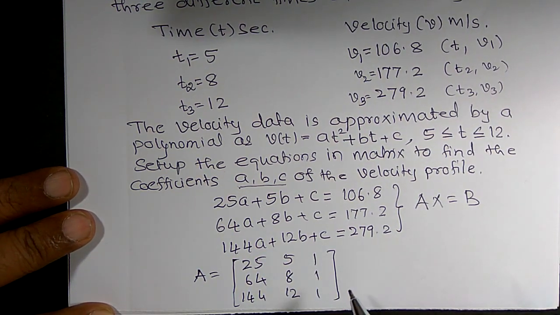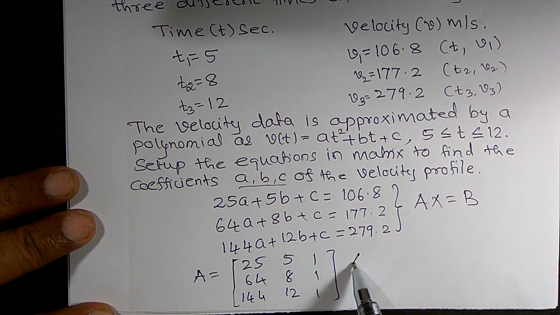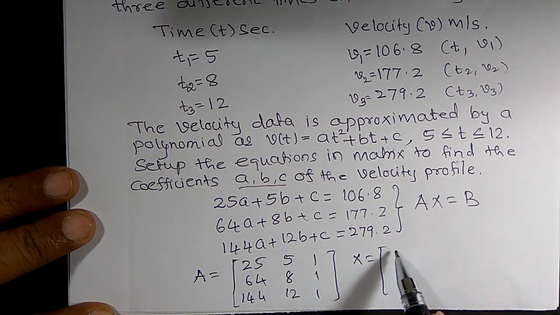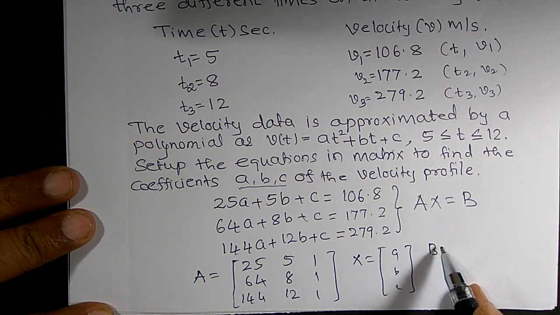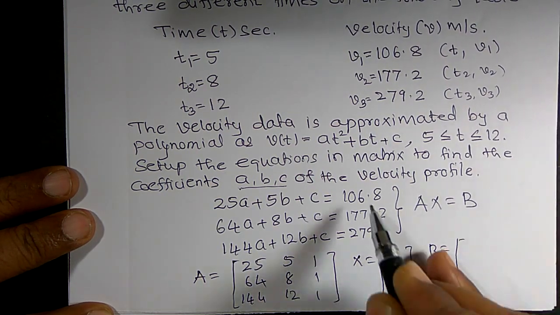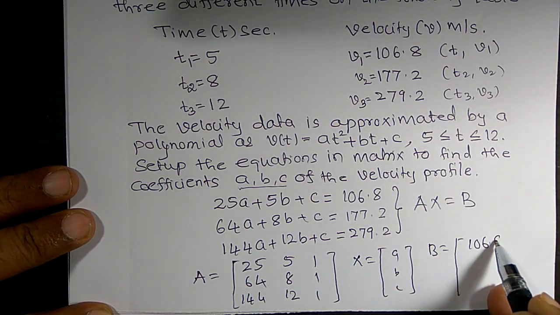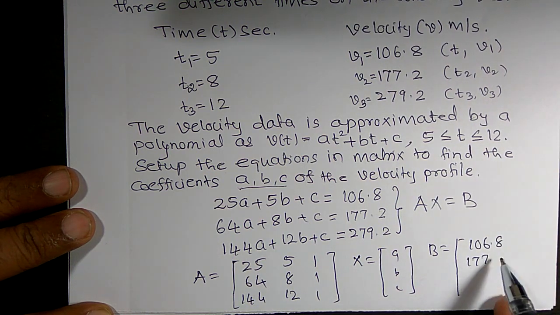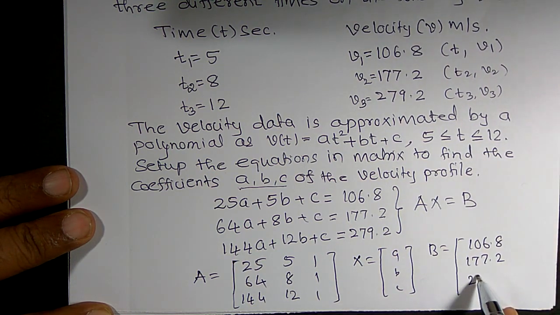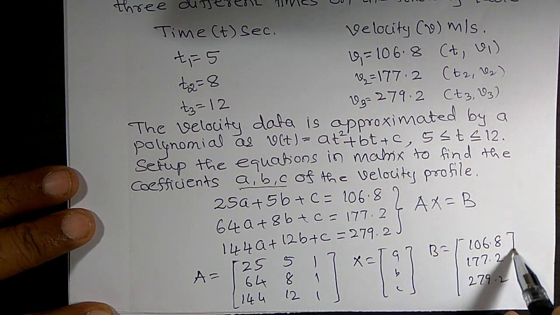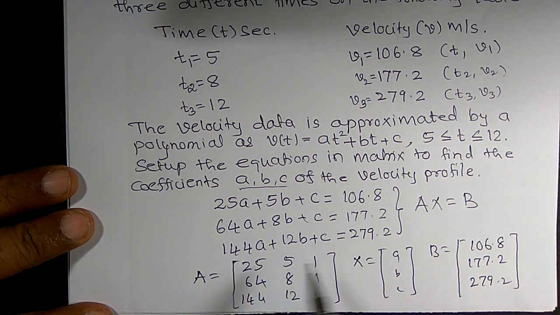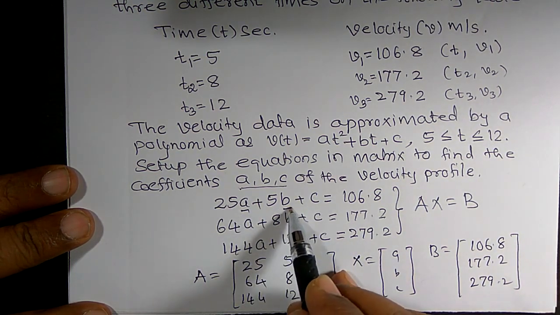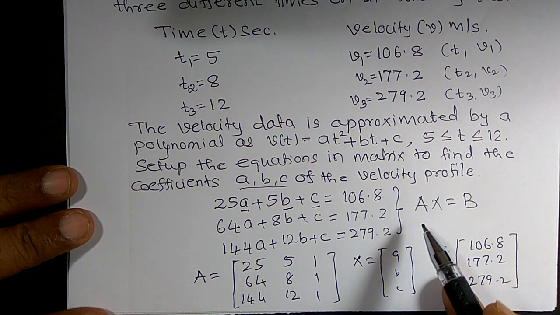So this is the matrix A. x is equal to the unknowns, namely a, b, c. And b is equal to the right hand side numbers 106.8, 177.2, 279.2. Okay, now we are able to construct a system of linear equations. 3 equations, 3 unknowns, namely a, b, c, right?